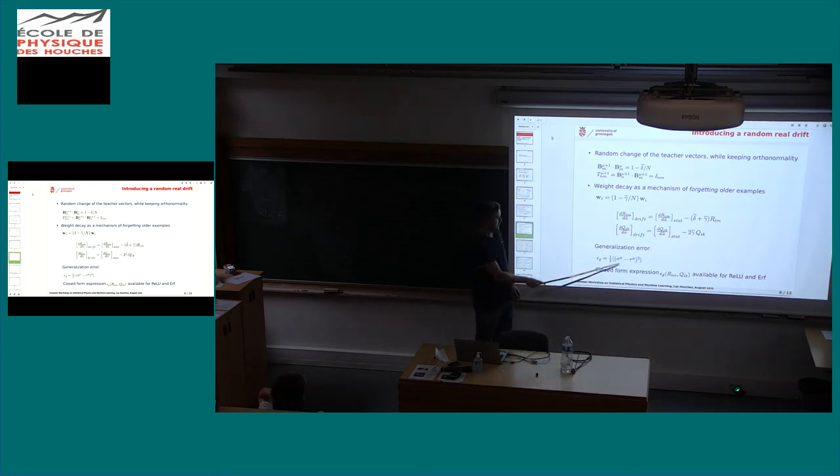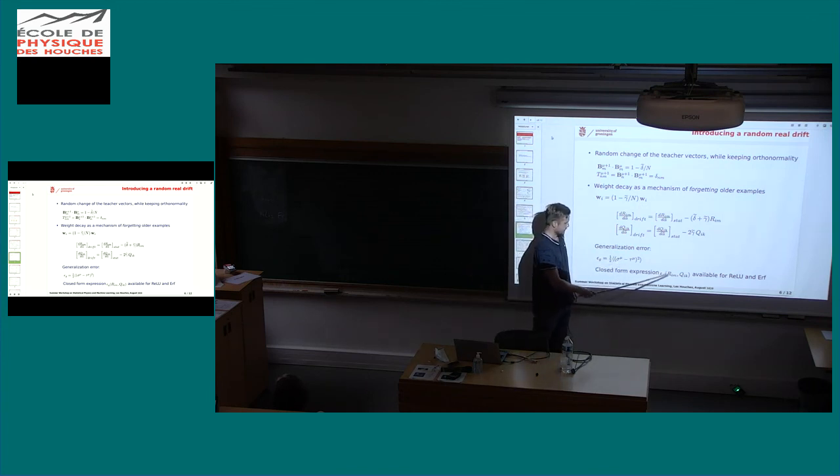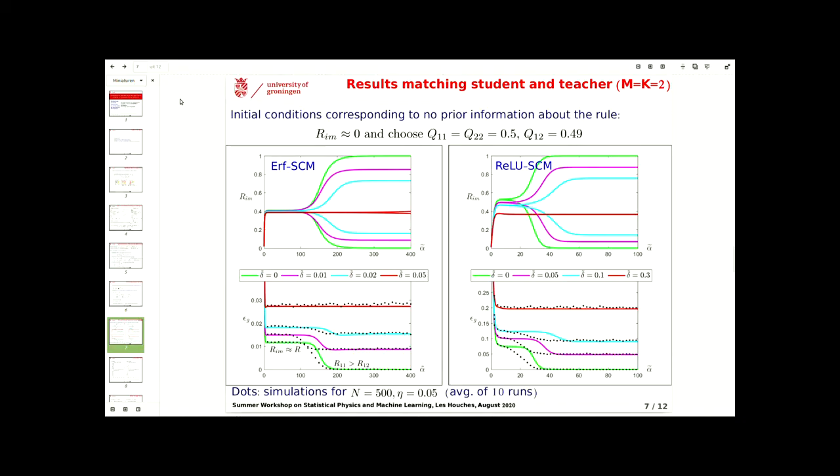And the quantity that we are interested in is, of course, the generalization error, which is the expected value of the squared deviation. And we take the average over the joint distribution of pre-activations, and we get closed form expressions in the order parameters for both the ReLU and for the error function system, which Saad and Solla already did.